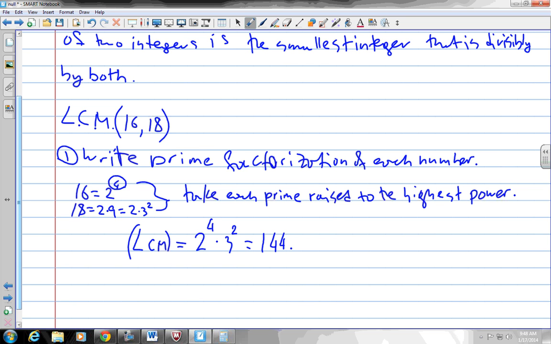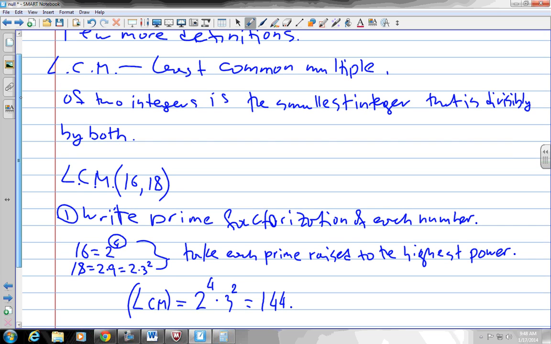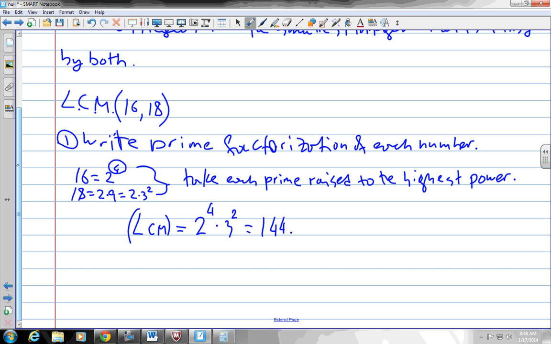Okay? So at the same time, when we talk about least common multiple, we talk about greatest common factor. That's another notion, GCF.